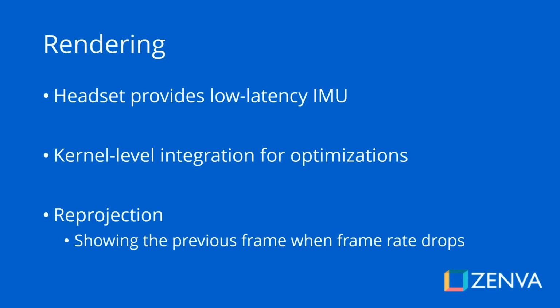There is also a kernel level integration, and the phones that are ready for Gear VR come with a lot of optimizations. A very important one is reprojection, which means that if the frame rate of your game drops for some reason, for example, there are too many things happening, the previous frame will be shown so that the frame rate stays the same.